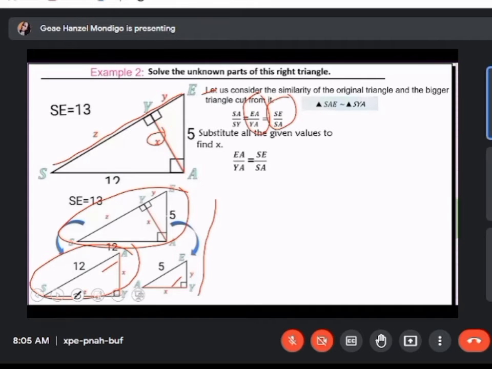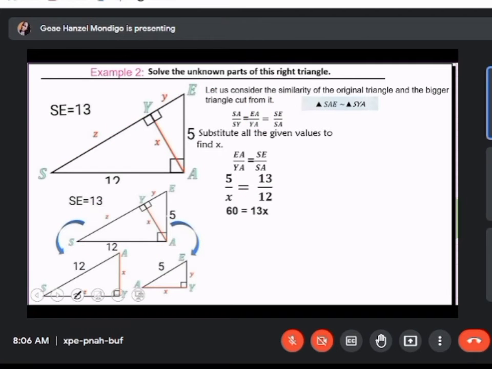So, simply substitute. We have 5 over x is equals to 13 over 12. Then cross multiply, so we have 60 is equals to 13 times x. So we are going to divide both sides by 13 to get the value of our x.